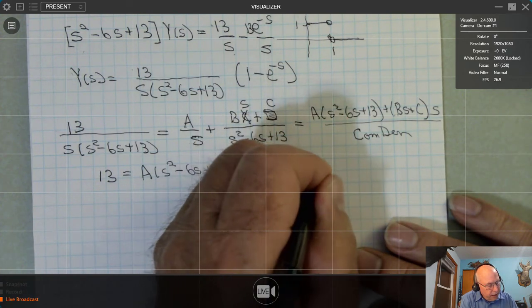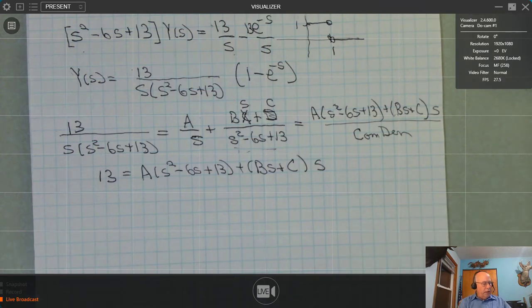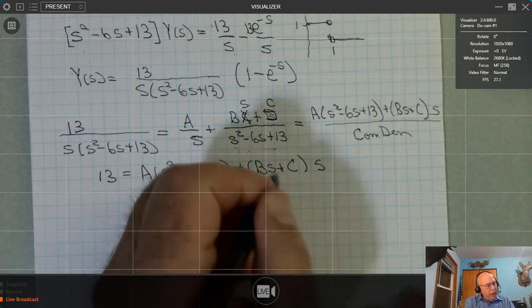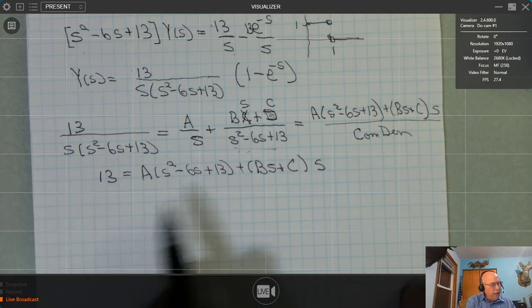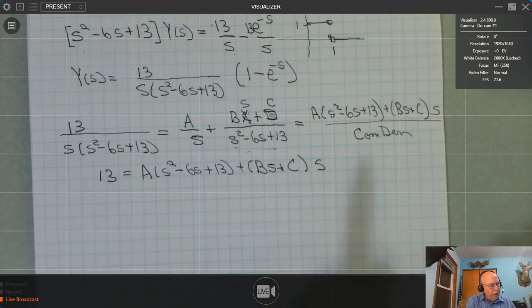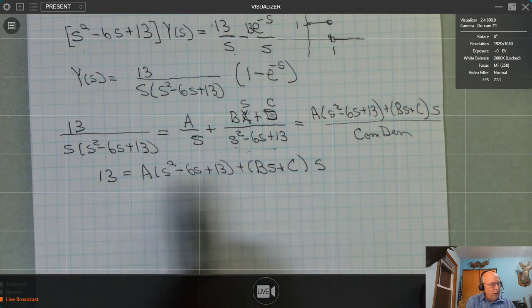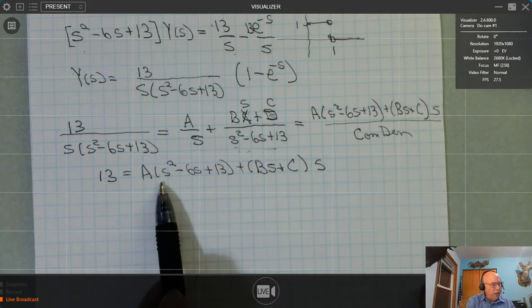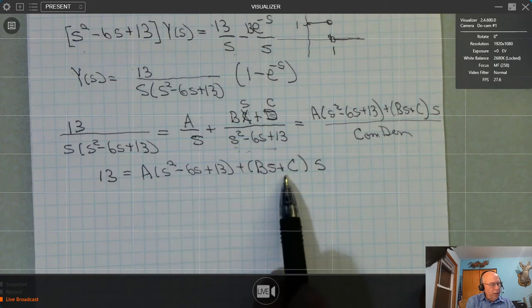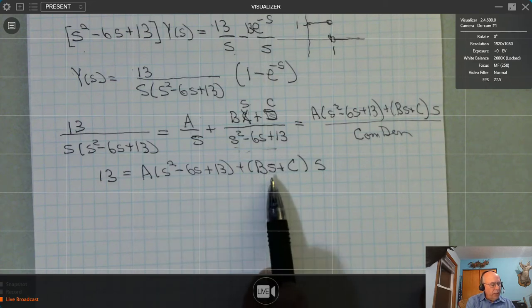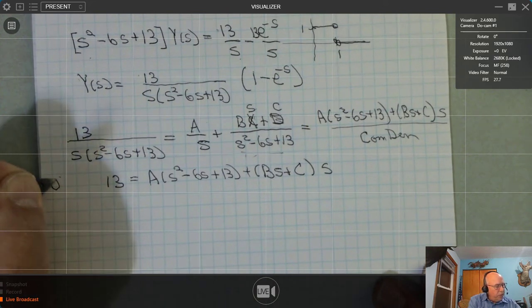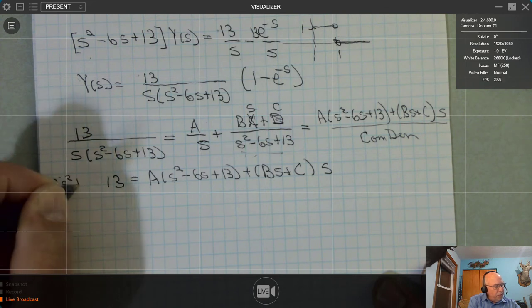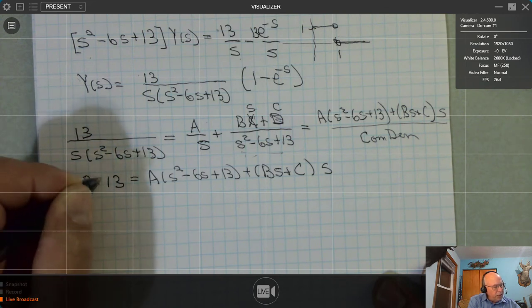times s. And I really wanted to do this because I'd like to show you kind of a slick trick. Now, what I said earlier was, there is one way to do this, which is to multiply all this stuff up. You gather up the s terms, you gather up the s squared terms, and gather up the constant terms and equate them to what's over here, which, by the way, are pretty simple. 0s squared plus 0s plus 13.